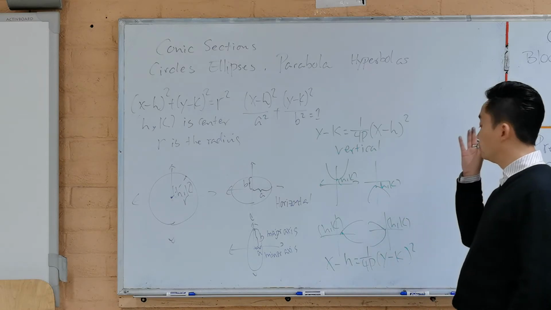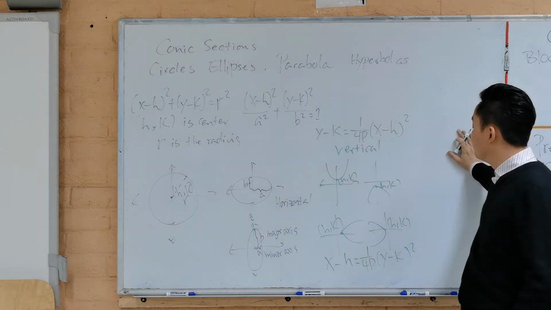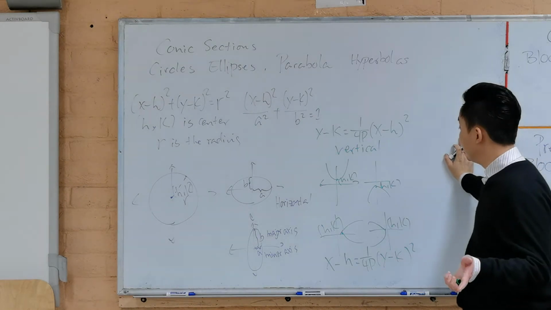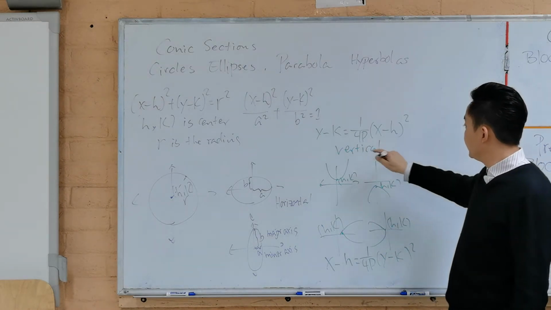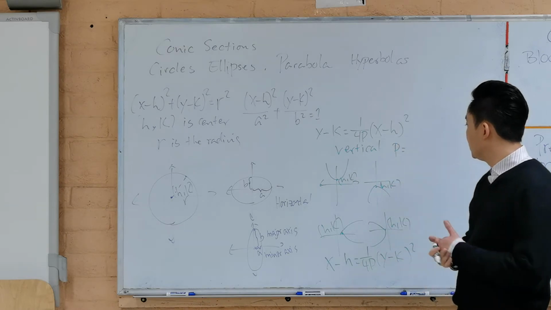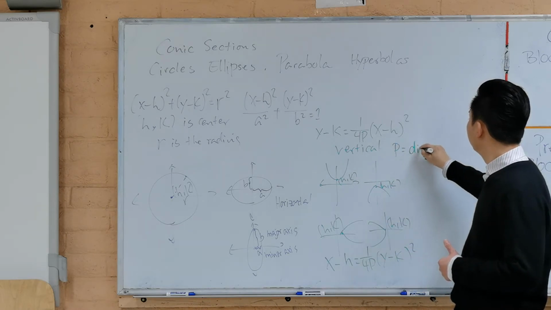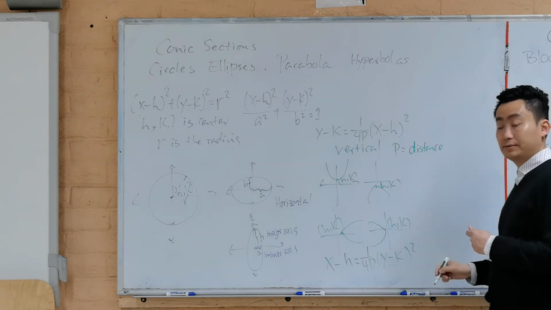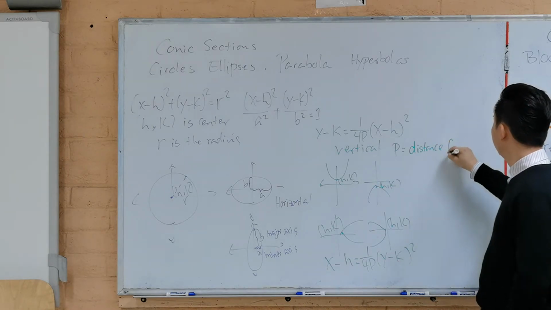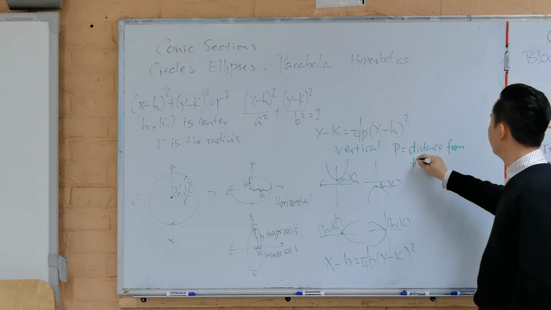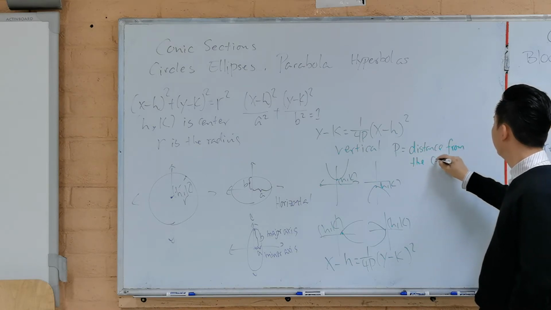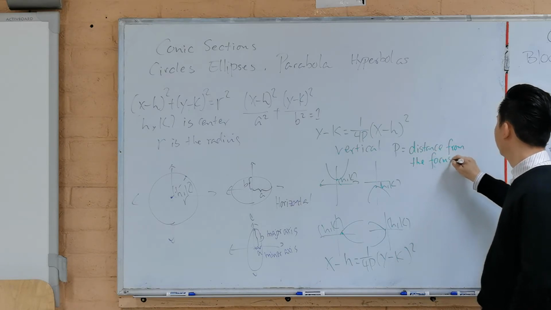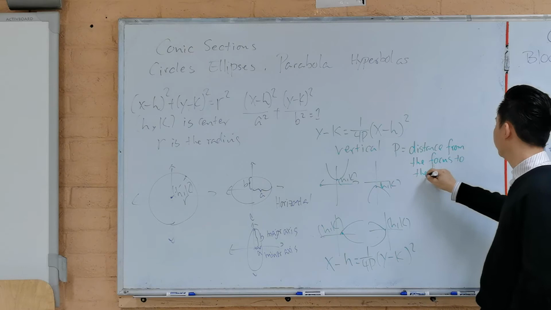Now for the value of 1 over 4p, going back to the previous video, that's just the value of a. You can say that's a scale factor, but the thing is that the value of p tells you the distance from the vertex to the focus. From the focus to the vertex.